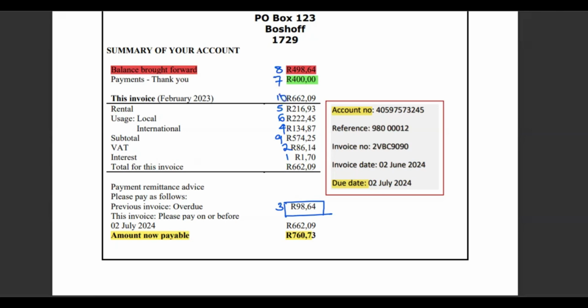We have a 10, 11, 12, and 13. So in ascending order, we shall start with this value here, and we shall end with this.